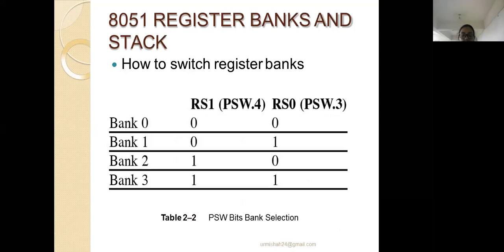So how do you switch the register bank? For that, you need to remember the address allocated to that specific register bank. Based on this table, you can set the value in the PSW register and obtain that specific register bank for saving the temporary data.